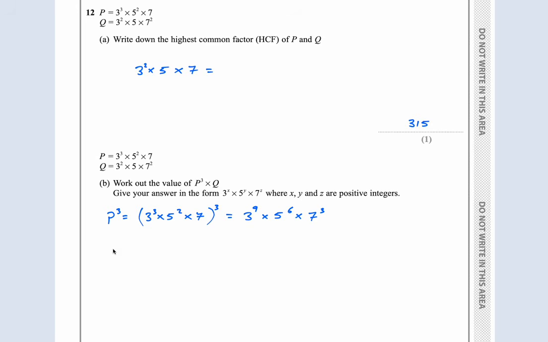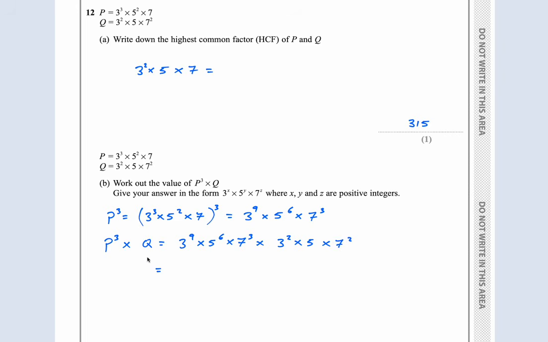Okay, so now I can do P cubed times Q is this 3 to the 9 times 5 to the 6 times 7 cubed times Q, which is 3 squared times 5 times 7 squared.